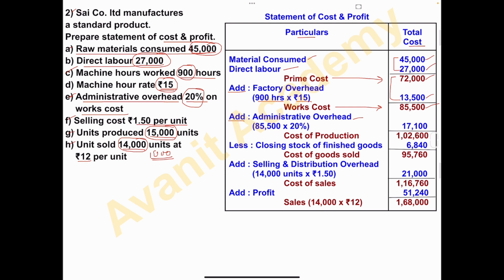Works cost is 85,500. Yes. The total of prime cost plus factory overhead is called works cost. So 20% of 85,500, that is 20% of works cost we have to take as administrative overhead.